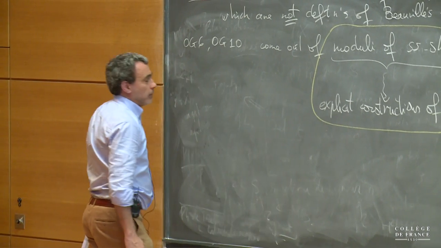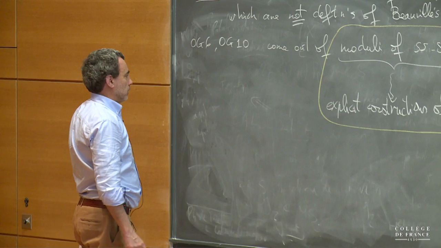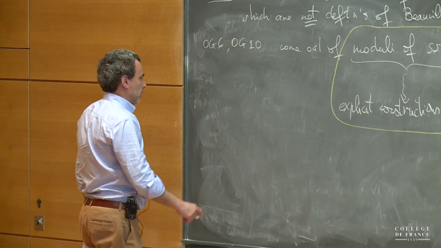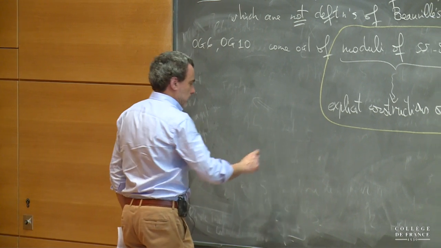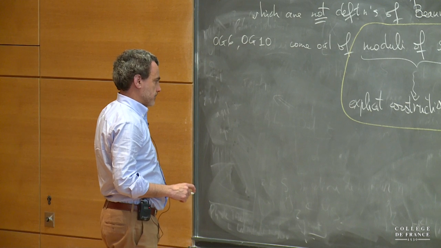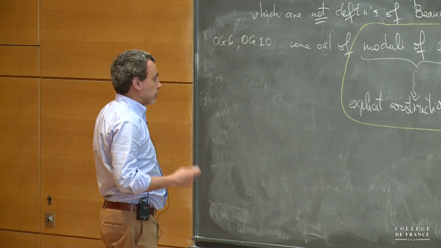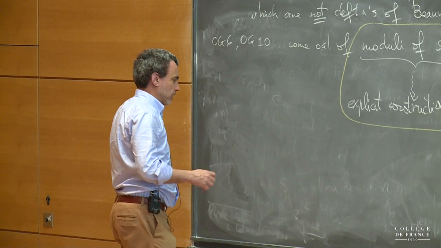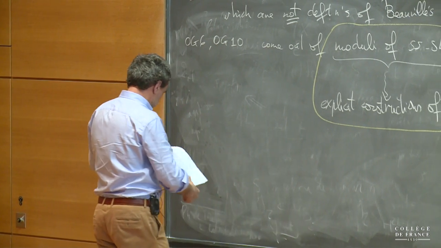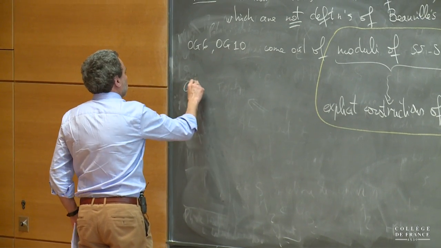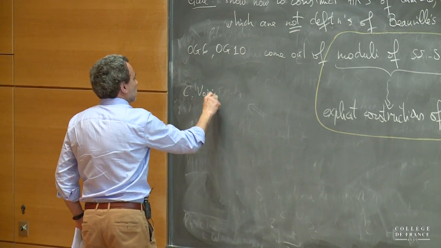And maybe one can even go back to Claire's first class. So Claire started by talking about compact complex tori and abelian varieties. And so maybe we can have somehow an analogy.